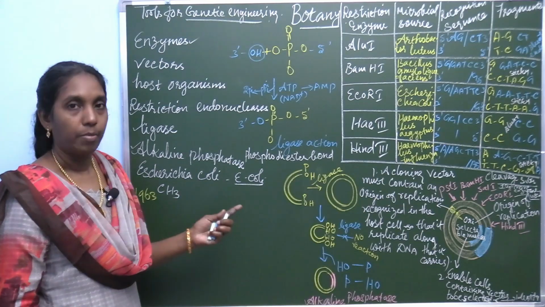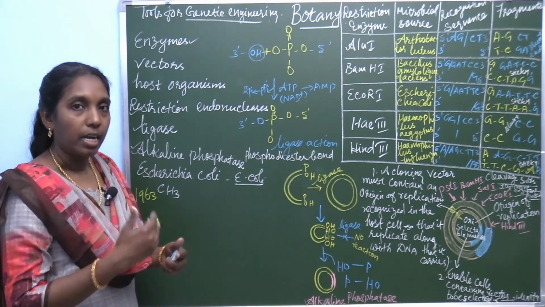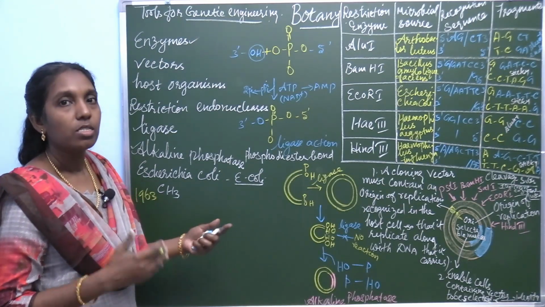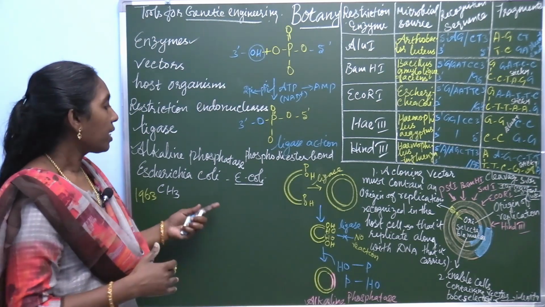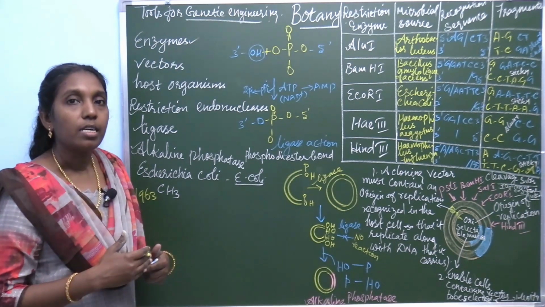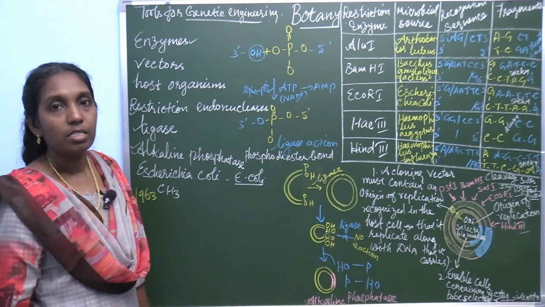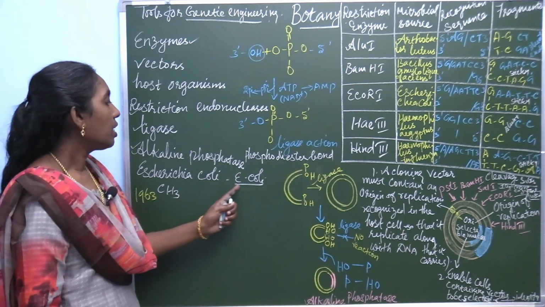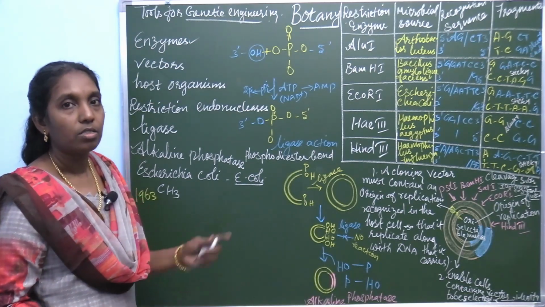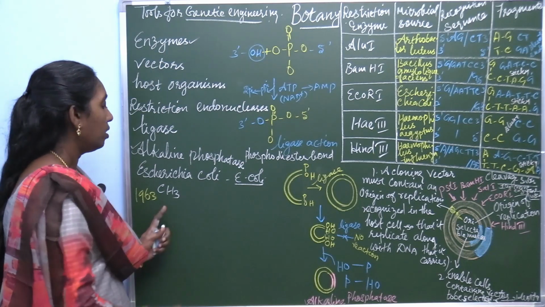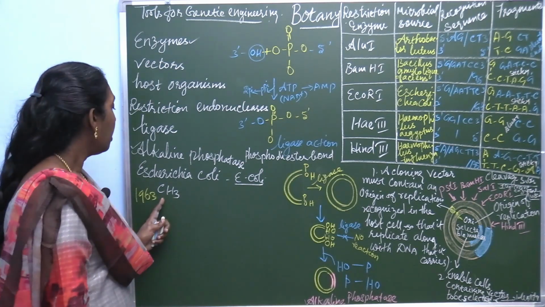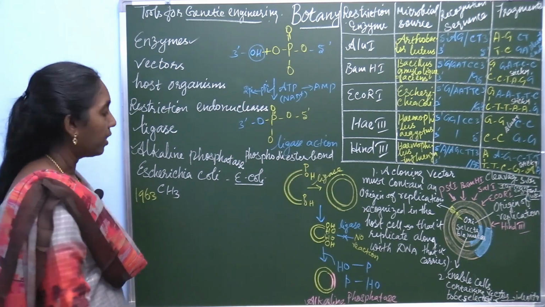Here the E. coli bacteria is attacked by bacteriophage, so as a defense mechanism these enzymes are secreted in the bacteria's body. So, this enzyme can be isolated. Here it was found that there are two enzymes, one which adds the methyl group CH3.